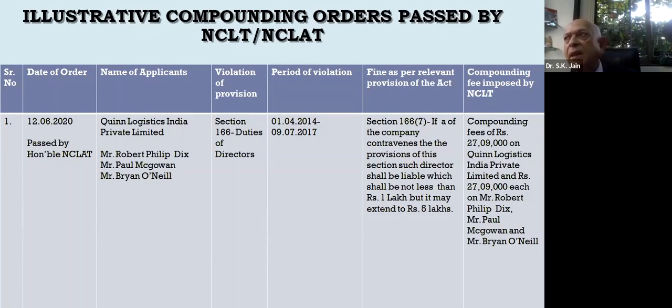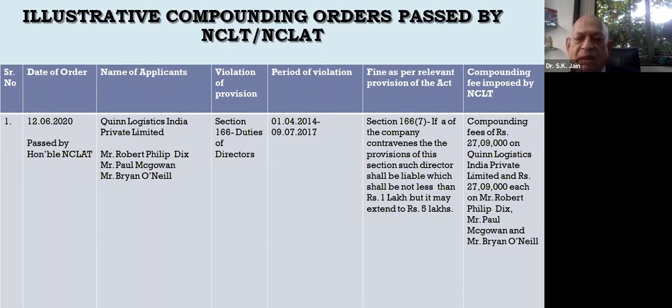Then we request the competent authority that 1 lakh is the minimum fine, so kindly impose 1 lakh and use your discretion and not impose any further fine between 1 lakh to 5 lakh. And sometimes the competent authorities are very liberal, and they may impose a lesser penalty than the maximum fine which is prescribed under the Act.